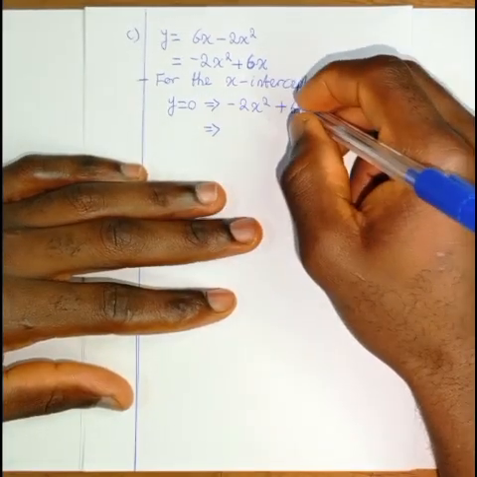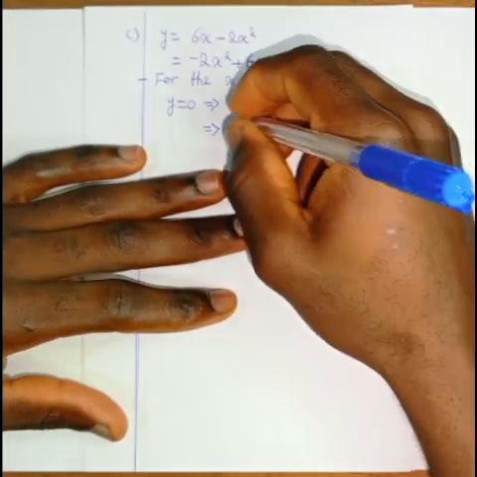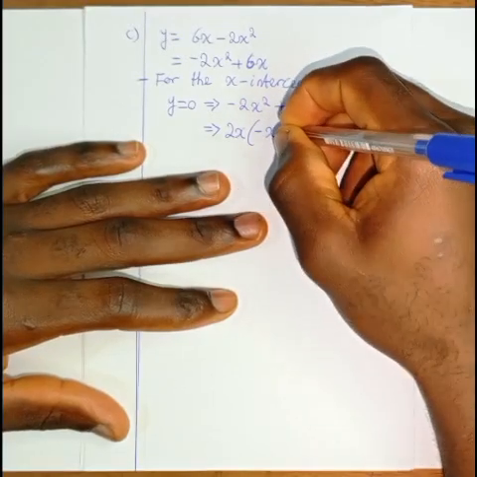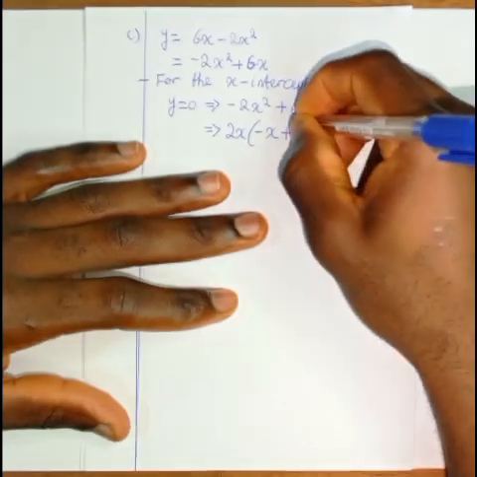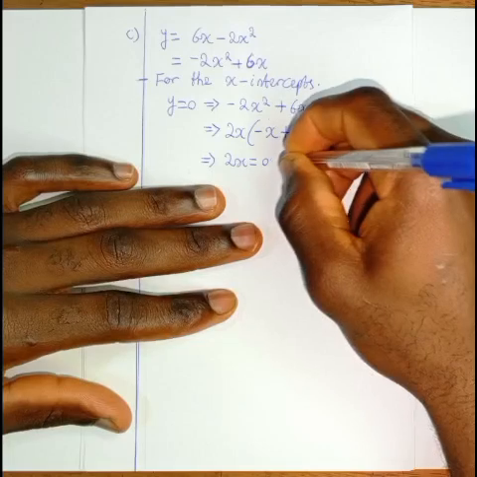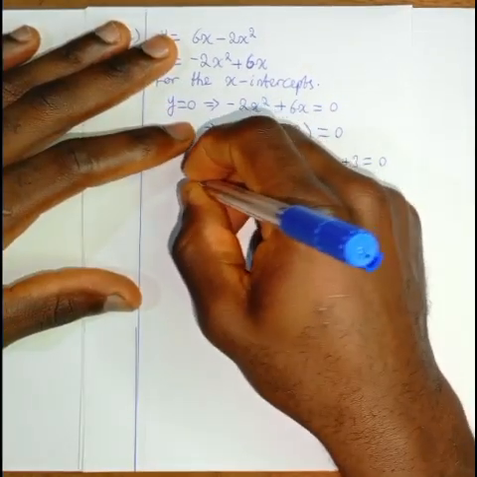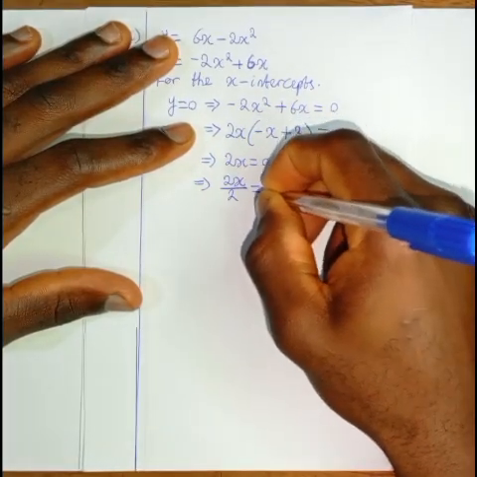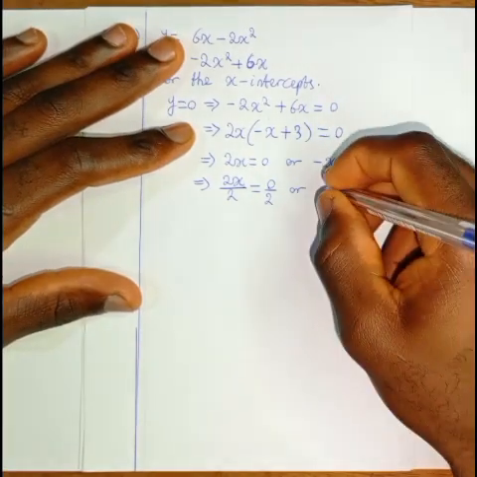Here, between these two terms, you see that 2x is common. You can factor 2x times -x plus 3, which gives us 6x. Then 2x will be equal to 0, or -x plus 3 is equal to 0. This will give us 2x, divide both sides by 2, or here we are going to transport 3 to the right hand side.